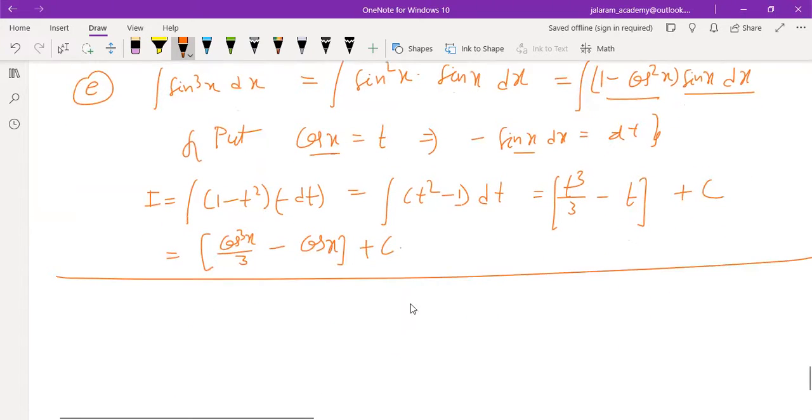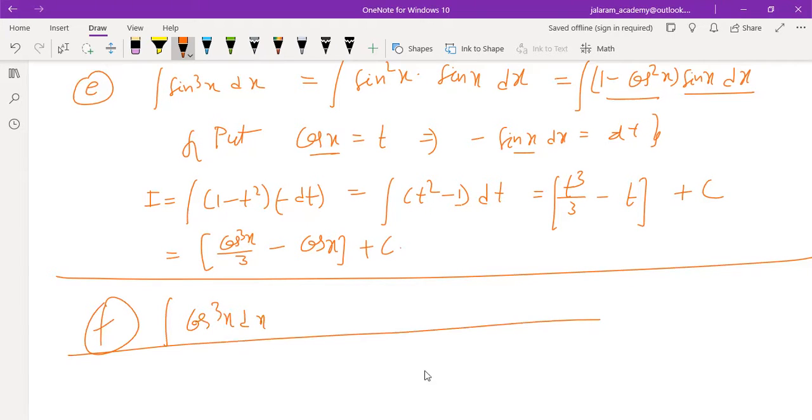Similarly, we can integrate cos cube x also. For the integration of cos cube x, I think you can now solve it by changing it to cos square x into cos x, then substituting 1 minus sine square x for cos square x, and putting t equals sine x. Now next is the integration of tan cube x dx.